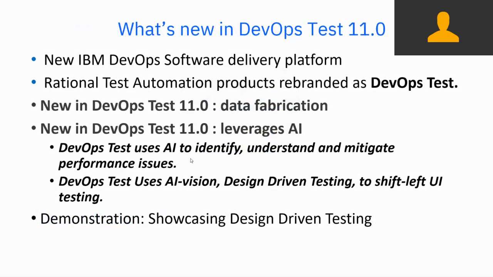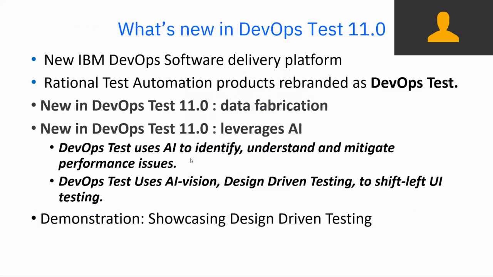So the subject here is what's new in DevOps Test, but before that, we want to introduce you to the new IBM DevOps software delivery platform that has been announced in December last year, and which is changing a little bit the way IBM is going to follow on IBM DevOps products.